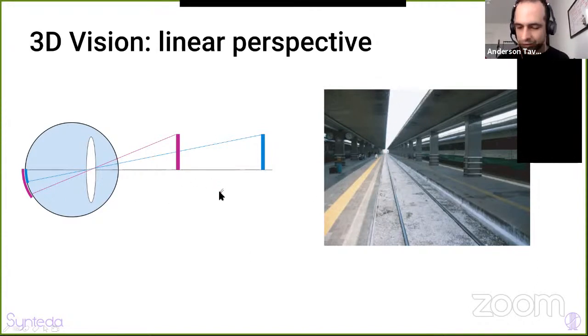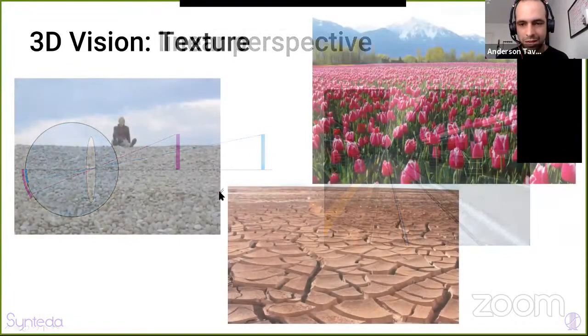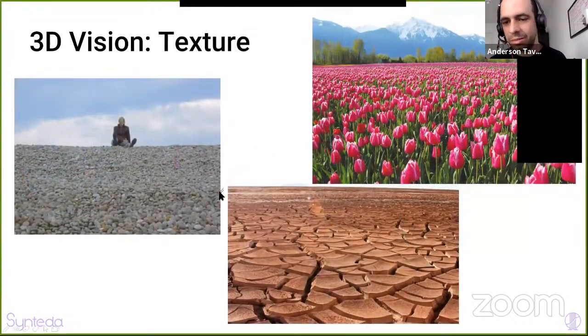We can use also texture information, like if we know that the size of those pebbles are about the same, we can also extract information about the actual size in the retina in order to interpret the distance or the perspective of the scene.